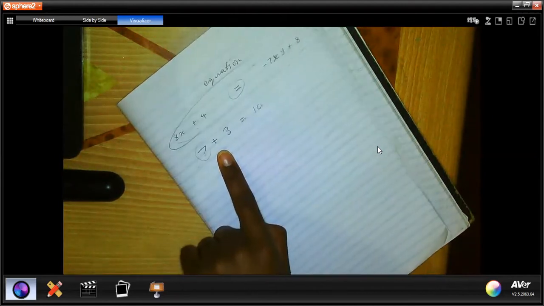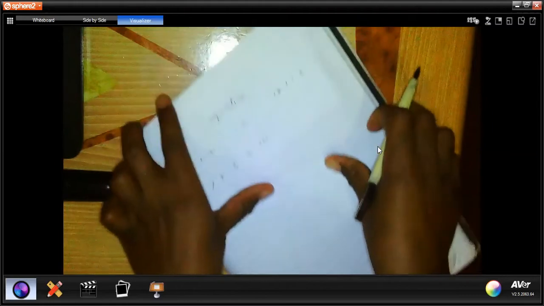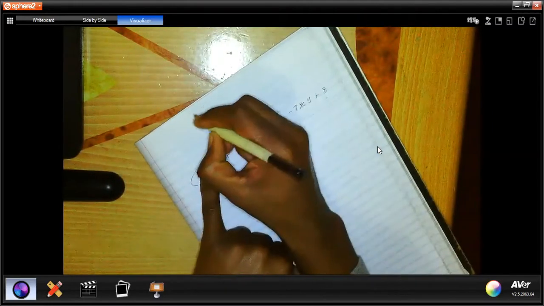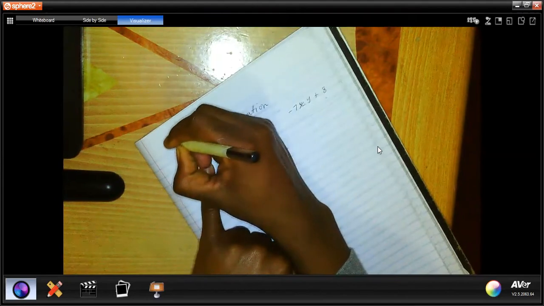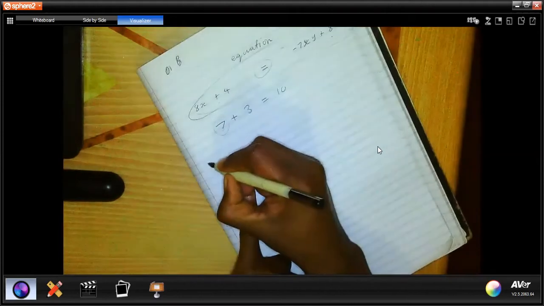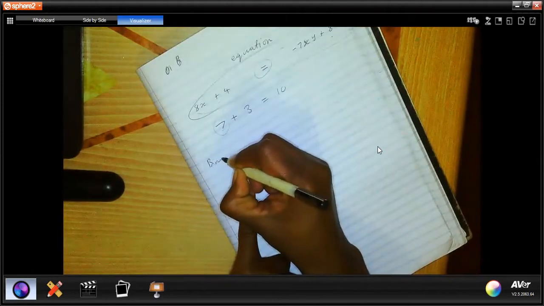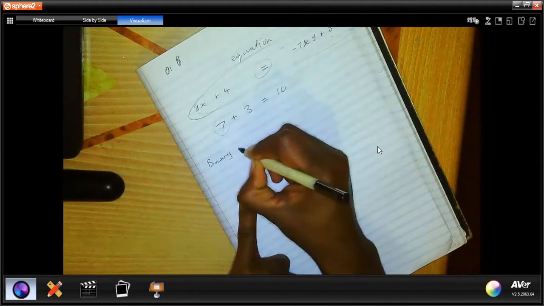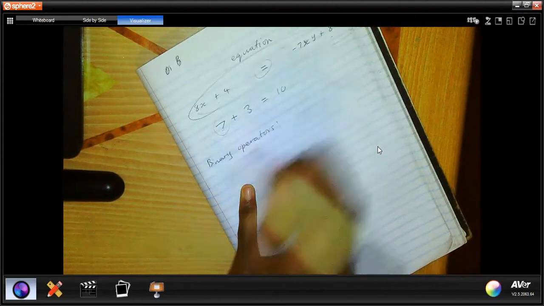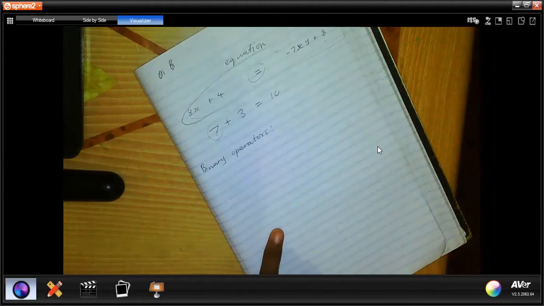But how do we remove the 3? Now, to answer the how, this is what we do. We have what we call binary operators.